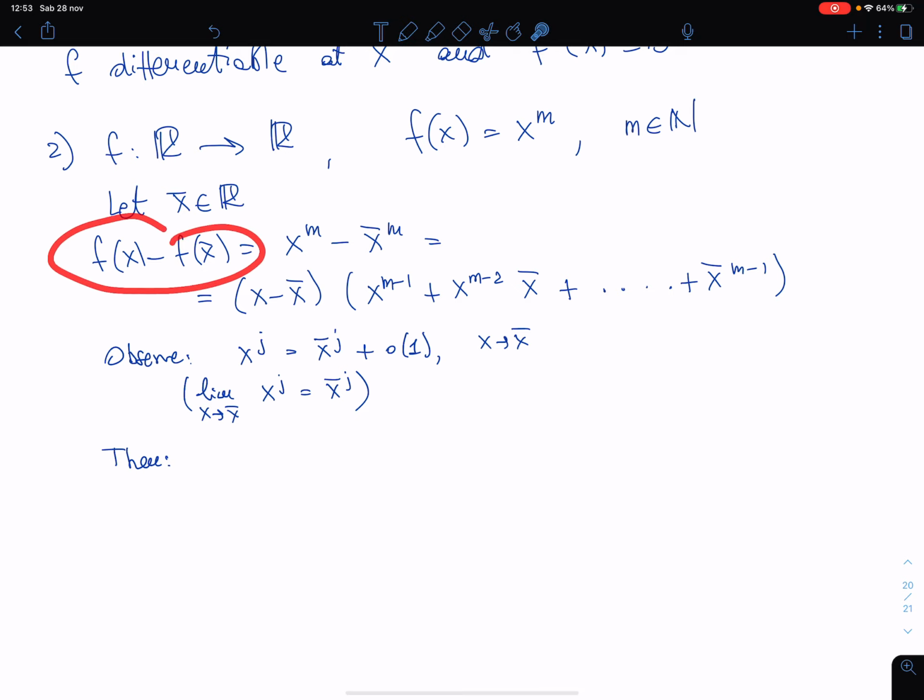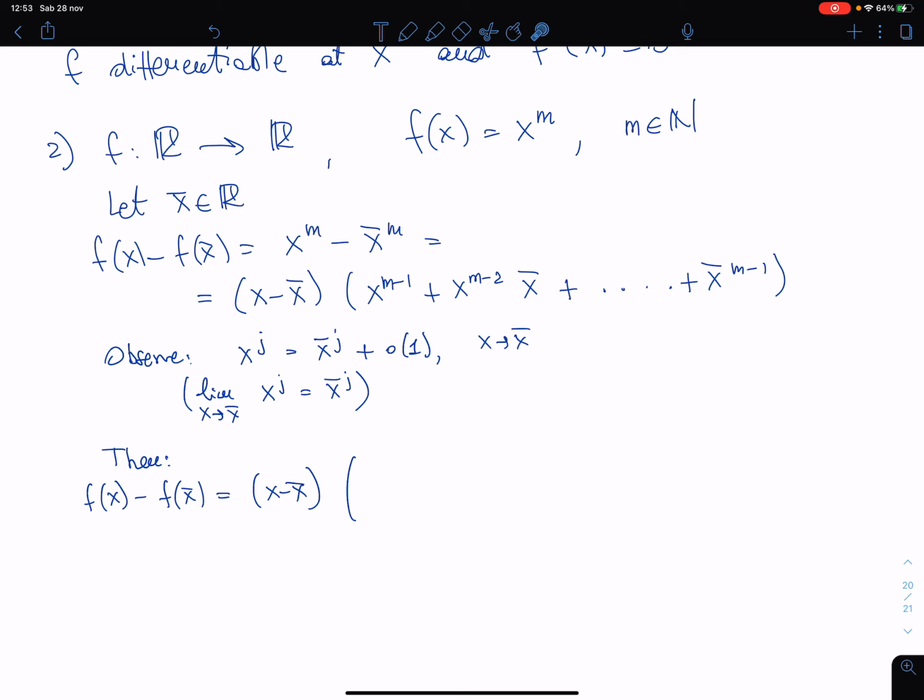again, going back here, we have that f of x minus f of x bar is equal to x minus x bar. And here we write simply x to the m minus 1 as x bar to the m minus 1 plus little o of 1.